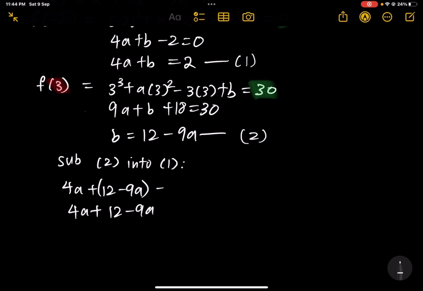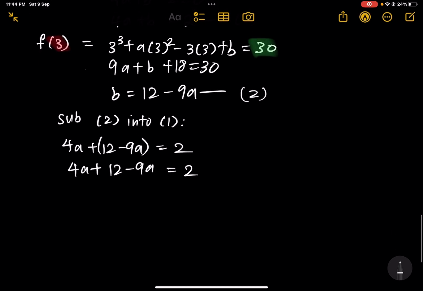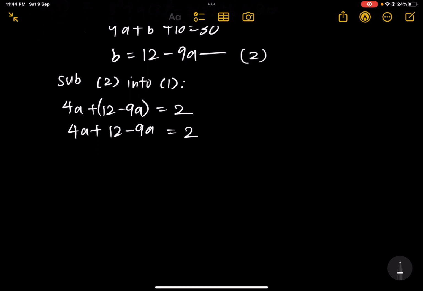So it will be 2. So 4a minus 9a gives you minus 5a. 12 bring over, minus 10. a will be 2.